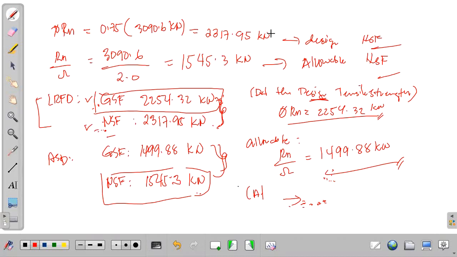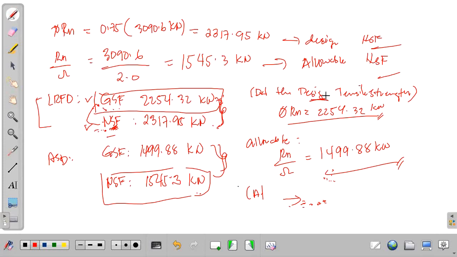So the design's tensile strength or the allowable tensile strength that will govern will be the lower value between the GSF and the NSF, yung gross section fracture and yung net section fracture. Kung ano yung mas mababang value, yun yung mag-govern. Para sa both gross section and net section, hindi siya mag-fail. Pagka yung mas mataas kasi yung kinuha, hindi nga mag-fail dito sa net section fracture, mag-fail naman siya sa gross section.